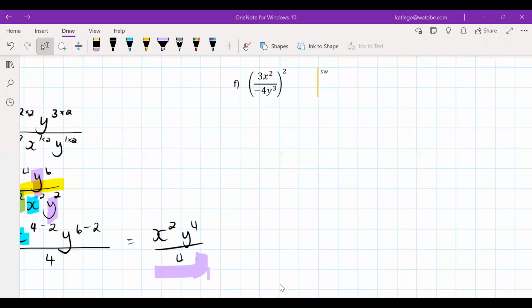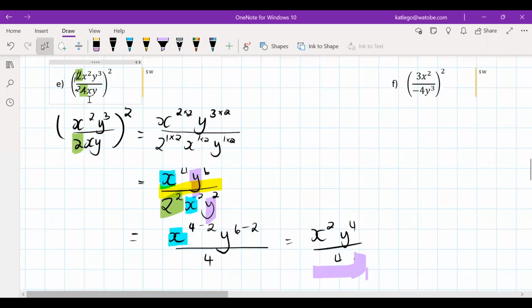Hi, ma'am. Can we please go back to E because I'm a bit confused. Okay, where did we lose you? Why was the 2, like you see 2x, you get that top part, right? Why was the 2 taken away and then now it's 1?